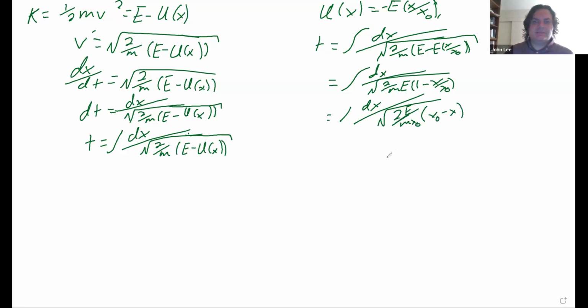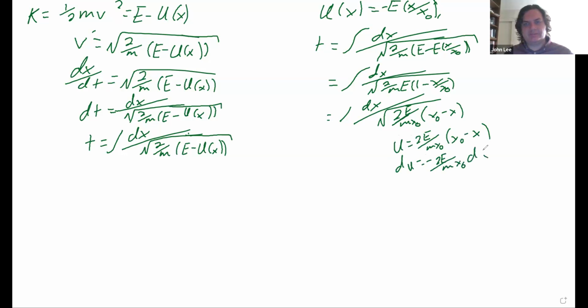Do a u substitution, u equals 2E over m x naught minus x. So du equals negative 2E over m x naught dx.